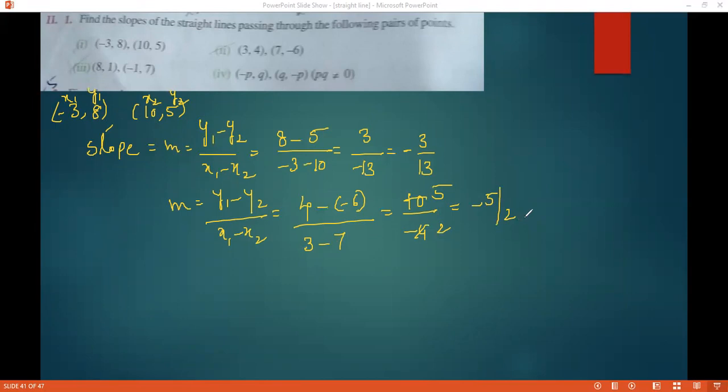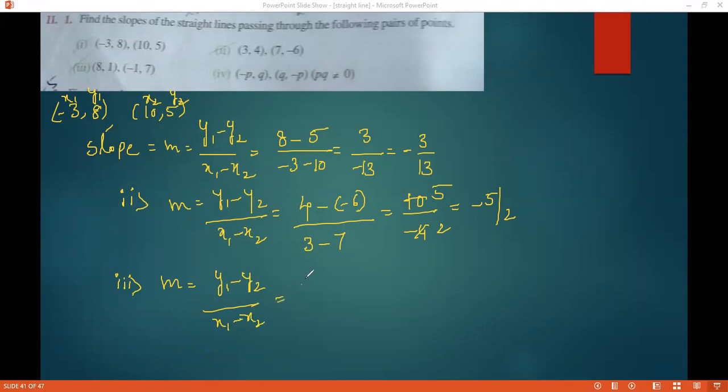Next, look at the next question. The points are (8, 1) and (-1, 7). Here m = (y1 - y2)/(x1 - x2).